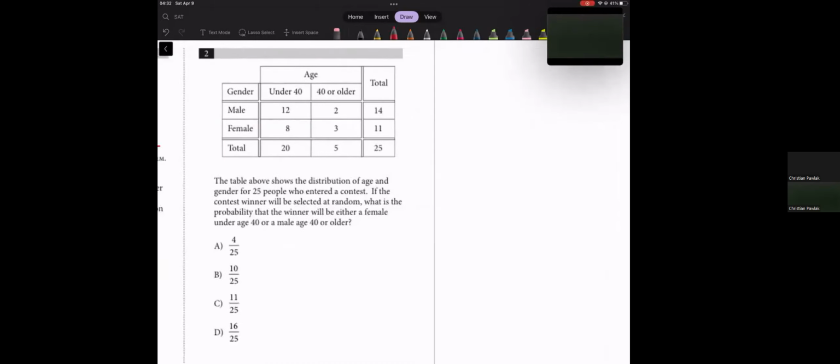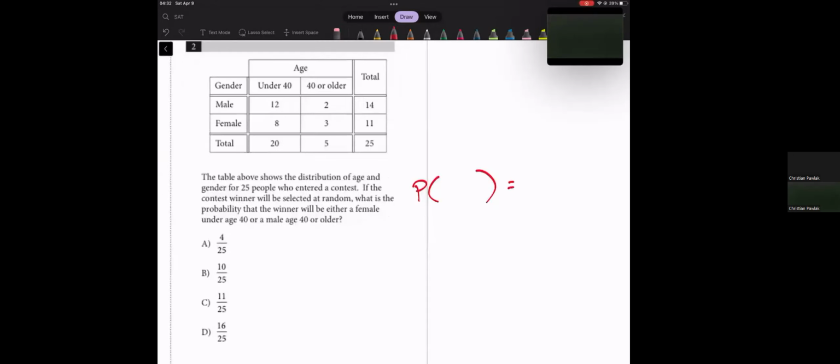Number 2, the table above shows the distribution of age and gender for 25 people who entered a contest. If the contest winner will be selected at random, what is the probability that the winner will be either a female under age 40 or a male age 40 or older? Since it's the probability, what I want to know is how many people are there total that this could be out of?